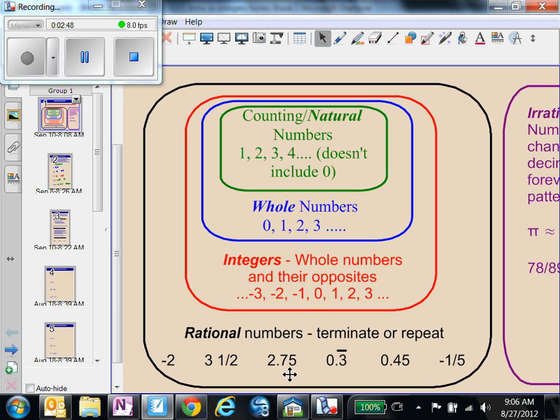It ends after the hundredths place. 0.3, repeating, is a repeating decimal. 0.45, or 45 hundredths, is a decimal that ends in the hundredths place, and -1/5 is a fraction that when you convert it to a decimal is -0.2, or -2/10, a terminating decimal that ends in the tenths place.